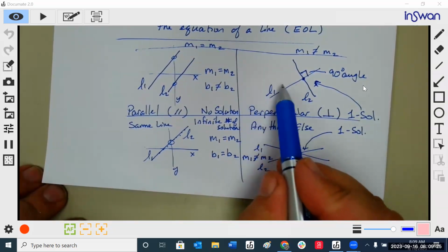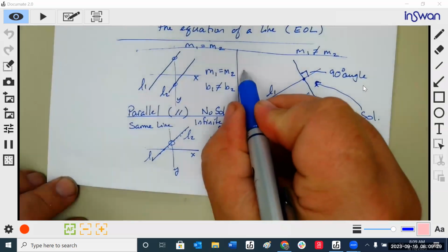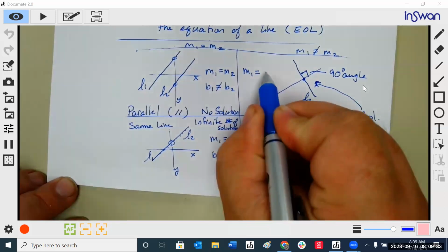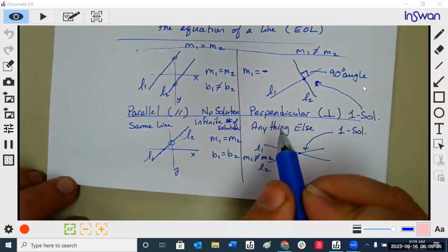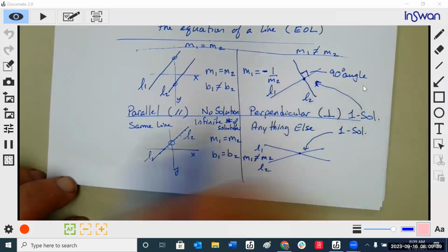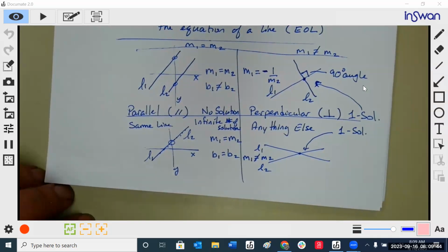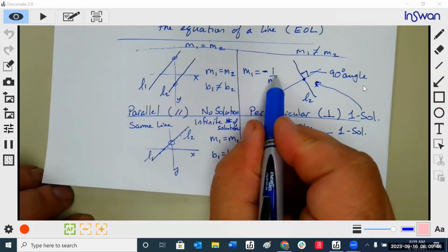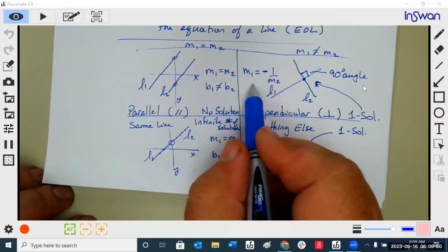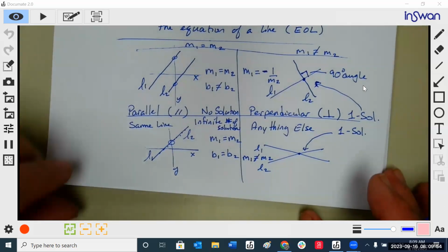Now we haven't talked about the slopes of perpendicular lines. The slopes of perpendicular lines are opposite signs and flips of each other. They're reciprocals of each other. So if this one's a negative, the perpendicular is positive. If this is 2/4, this is 4/2. So it's just flips of each other.